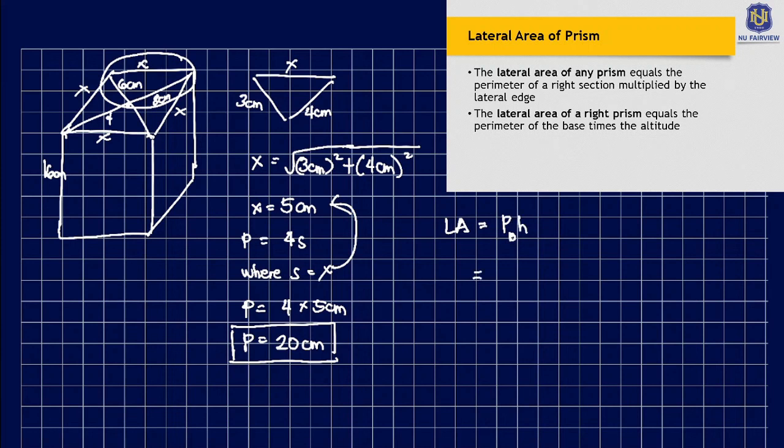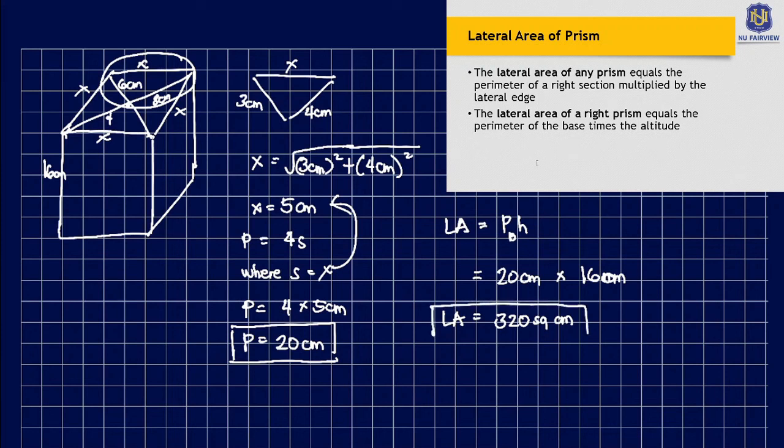So, try natin i-solve. Perimeter, which is 20 cm, times ano yung height niya? That is 16 cm. So, ang lateral area po natin is equal to 20 times 16 at ang makukuha nating sagot ay 320 square centimeter. So, ito po ang ating lateral area.